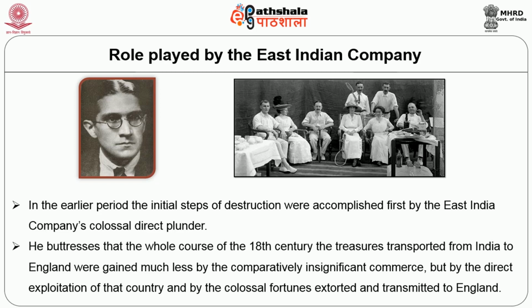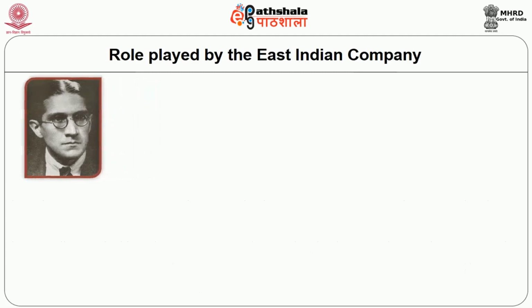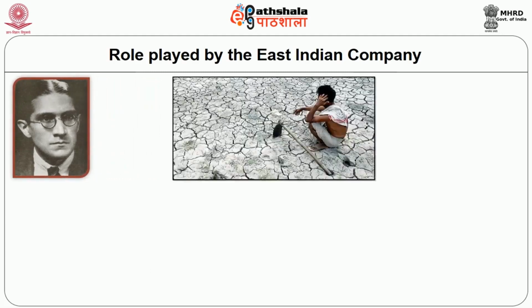He buttresses that the whole course of the 18th century, the treasures transported from India to England were gained much less by the comparatively insignificant commerce, but by direct exploitation of that country, by the colossal fortunes extorted and transmitted to England. On the second note, he says there was a neglect of irrigation and public works, which had been maintained under previous governments.